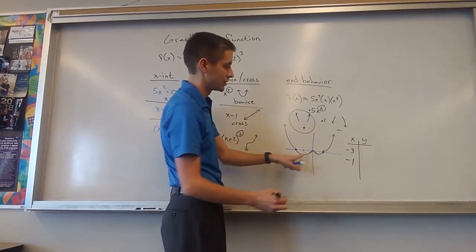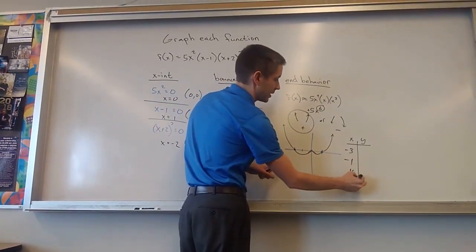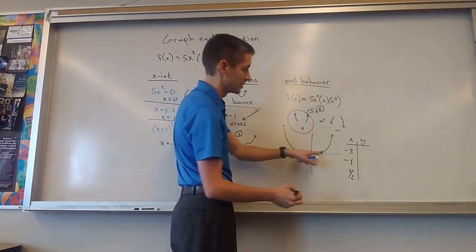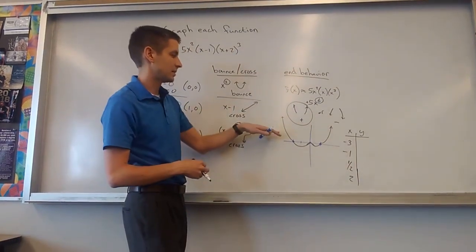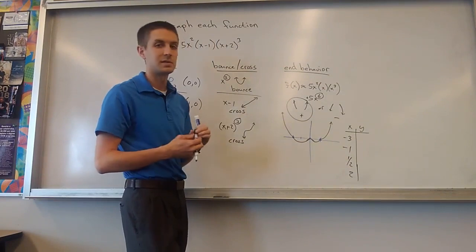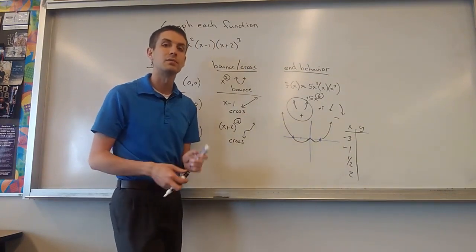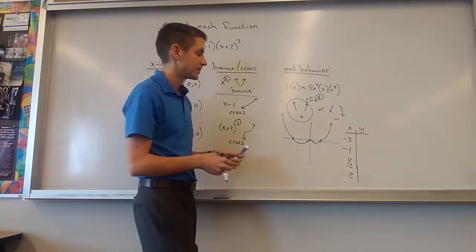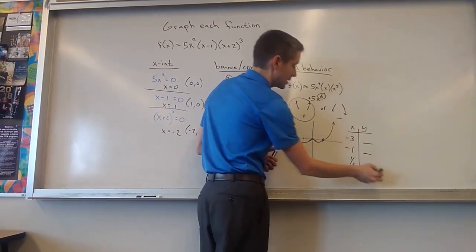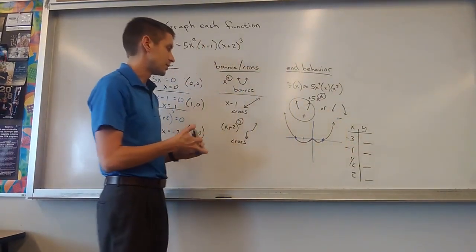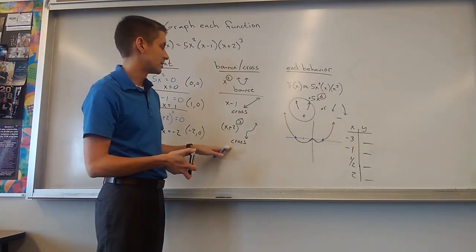And that can tell me exactly how steep each one of these sections are, or give me a little bit more definition to the graph. And I can figure out what each of these y values are by plugging those in. So whether I want to use the crossing or bouncing, or use a table to help me determine which section it goes to, either way can accurately give me an idea of where that graph goes.